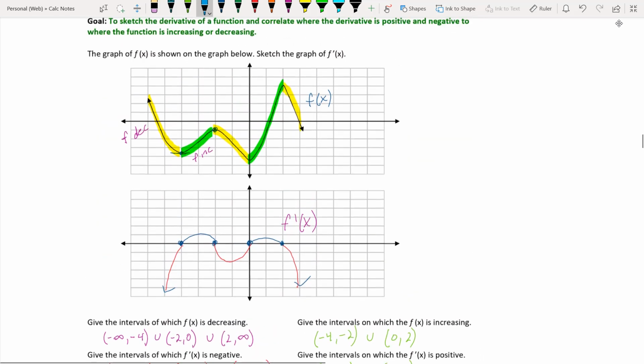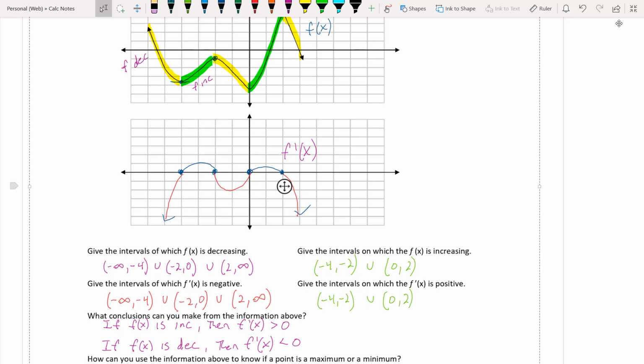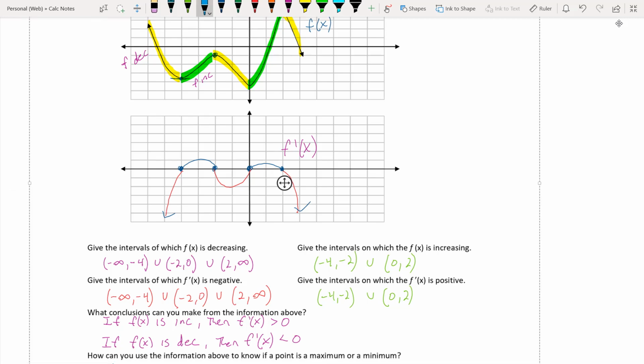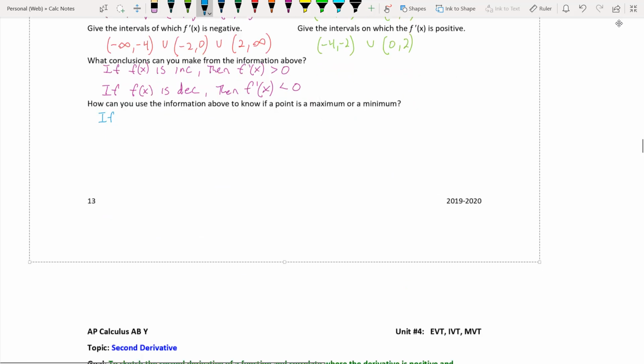So usually we're going to have information about the derivative. So again, if you look at the derivative goes from negative to positive, so this is f prime less than 0, f prime greater than 0. So if my derivative goes from negative to positive, then my graph went from decreasing to increasing, which means I've got a min.